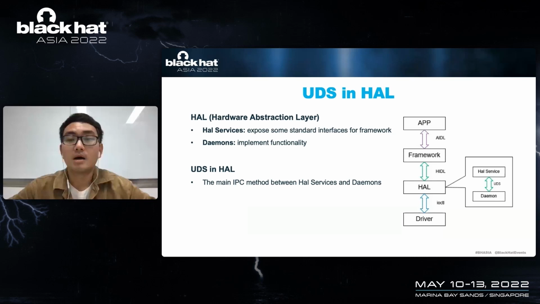One is the HAL services, used to provide standard interfaces for the framework, and the other is daemons, responsible for implementing specific functionality. So what does this have to do with the UDS? The answer is the UDS is the main IPC method between these processes.